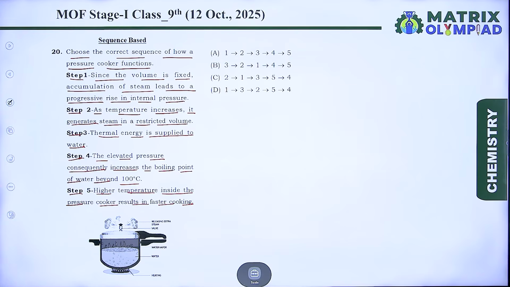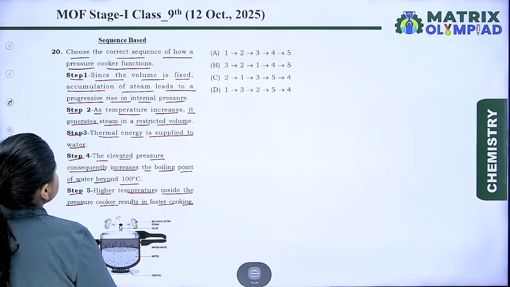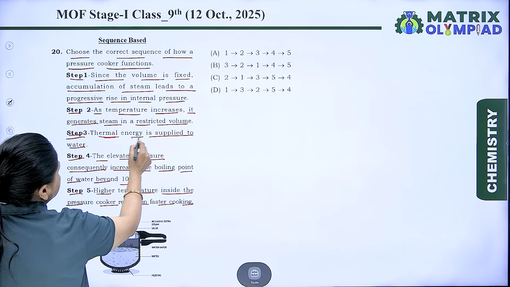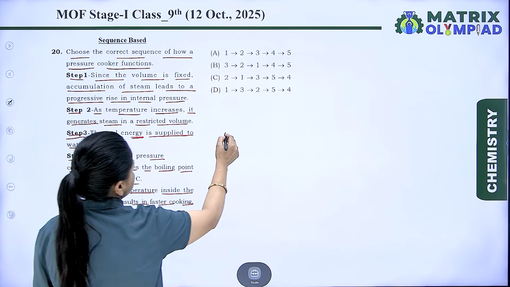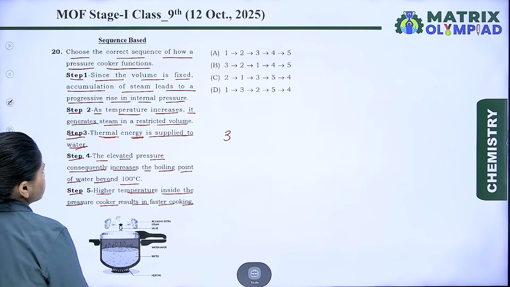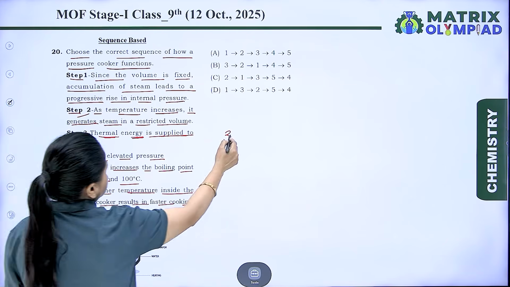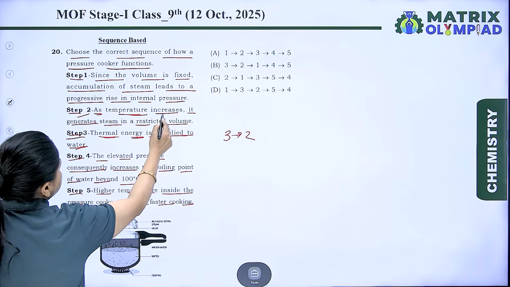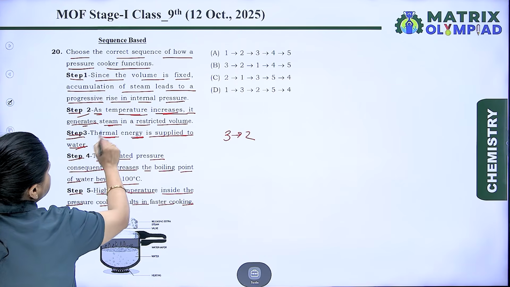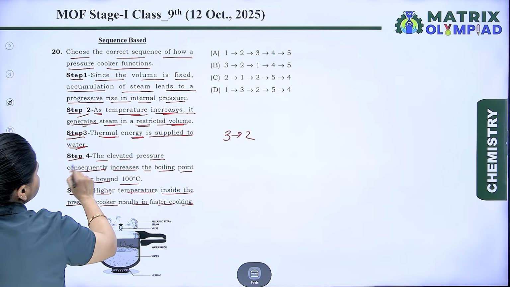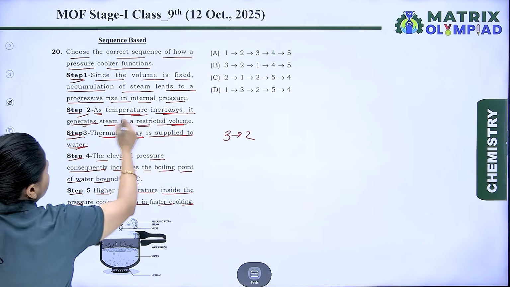Let's select the proper sequence. As we know, the first step will be 3, that is, thermal energy is supplied to water. So, third step is taken as first. Now, after this, second step is taken. As temperature increases, it generates steam in a restricted volume. So, it is the second step. Now, after this, step 1 is taken.